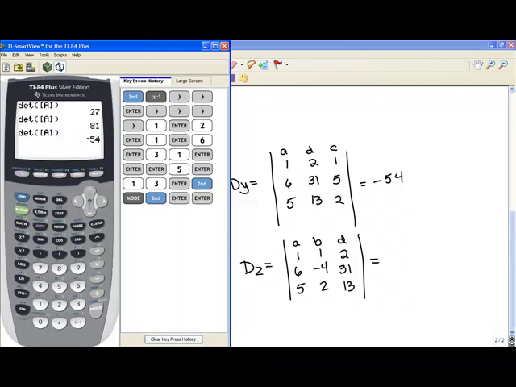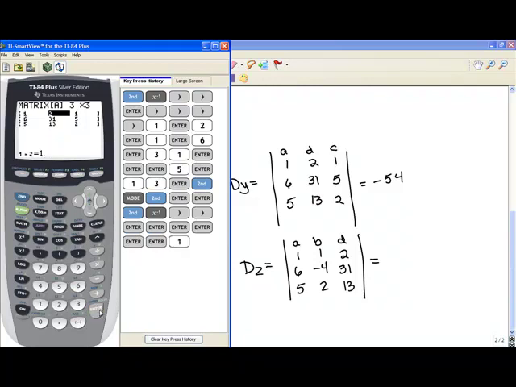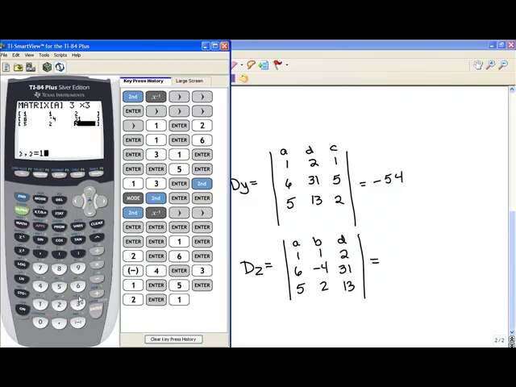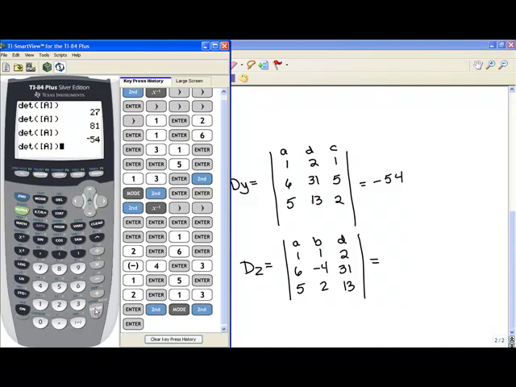Finally, enter the determinant for D sub z. We can press second enter again to bring up the last command, and then press enter.